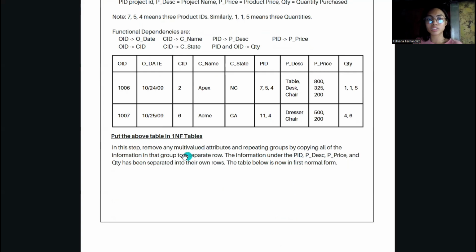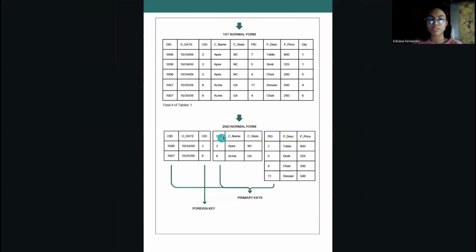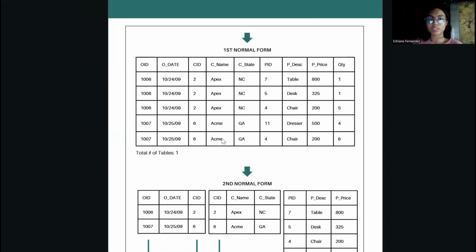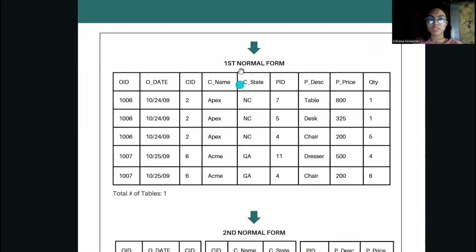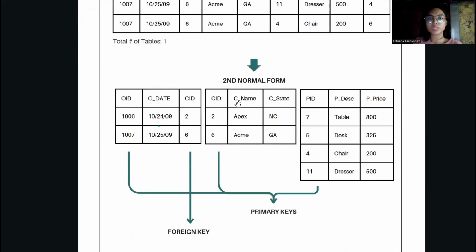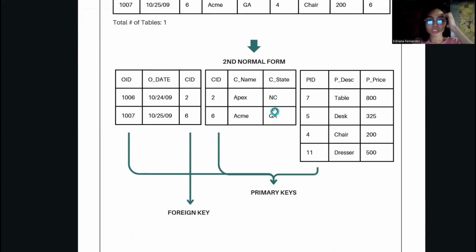Here it just states that the table below is now in the first normal form. So the first normal form was already performed, and now we can proceed to our second normal form.